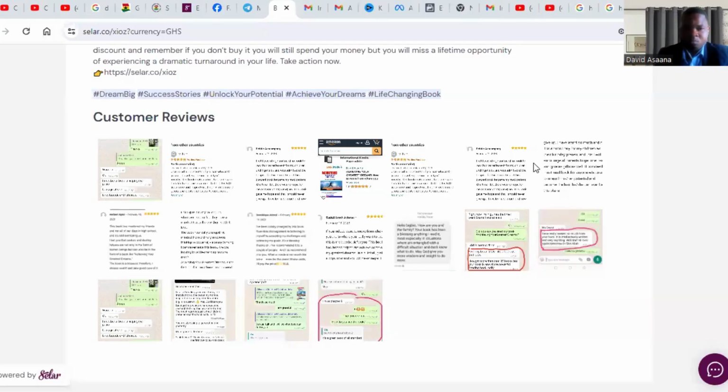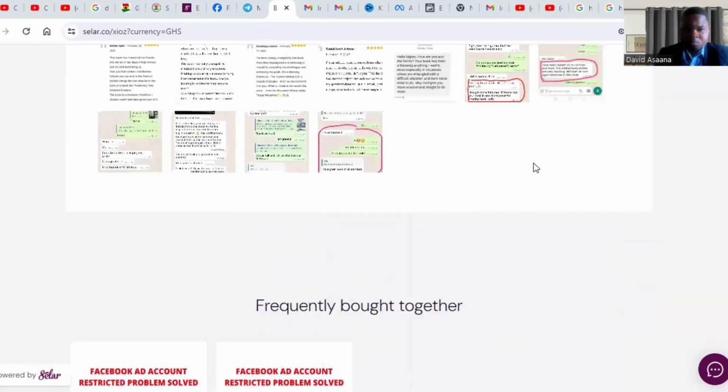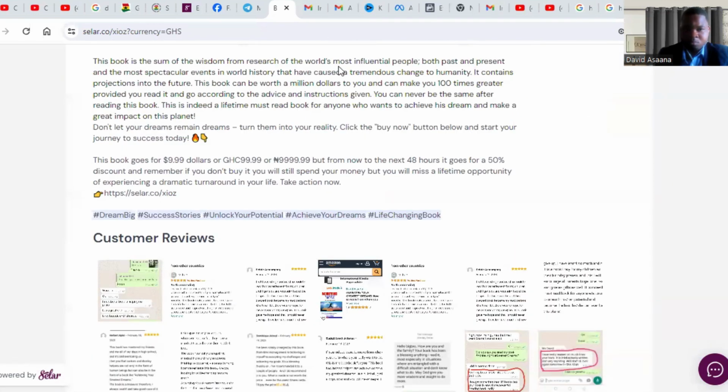Let people testify that they actually patronized that product or service and got a solution. If you don't have testimonies, a lot of people will not believe you. You need testimonies or reviews that will let people know that they can trust you and that what you are saying is true. No matter what you say, people will still not believe you without them.